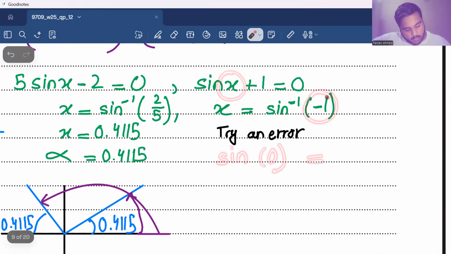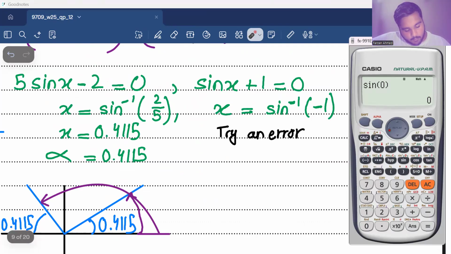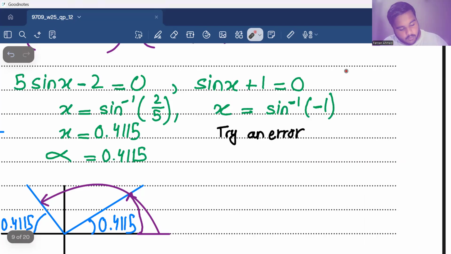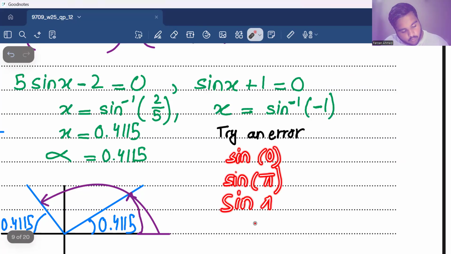If we find sine 0, it gives 0. When I put sine 1, it gives 0.84. Sorry, not 1, we will put sine 0, sine pi, sine pi by 2, and sine 3 upon 2 pi. Okay, so we will discuss. So sine 0 is done.